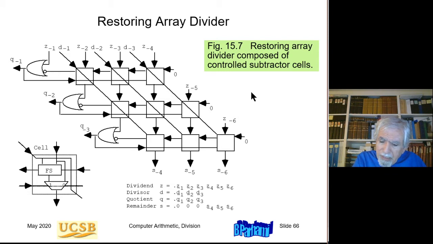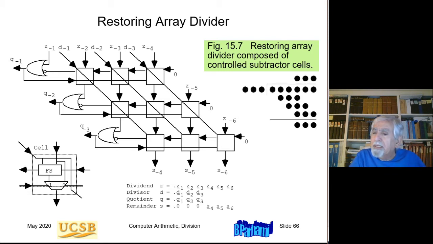Now the design of this array divider is directly obtained from this dot notation representation of the division process. So you see here there are 3 cells in each row, and there are 3 rows. That corresponds to 3 bits in 3 rows.